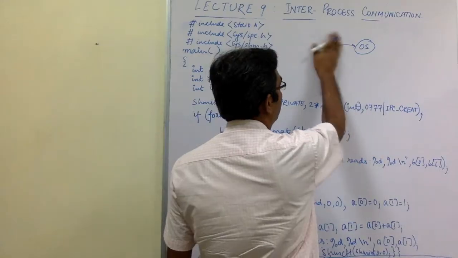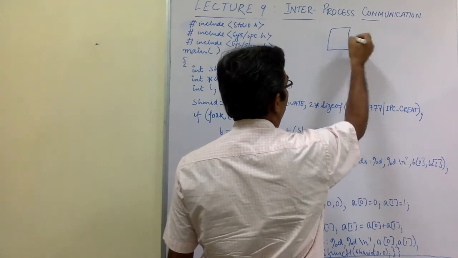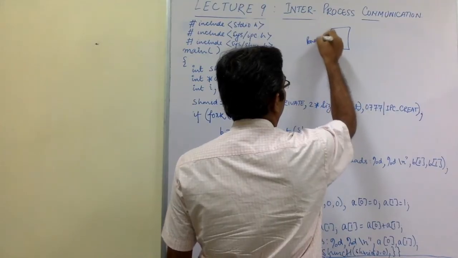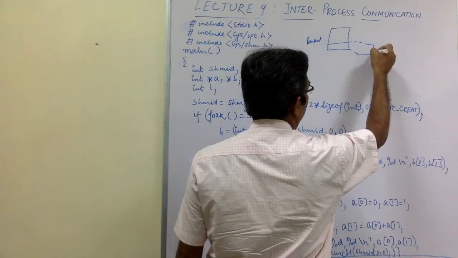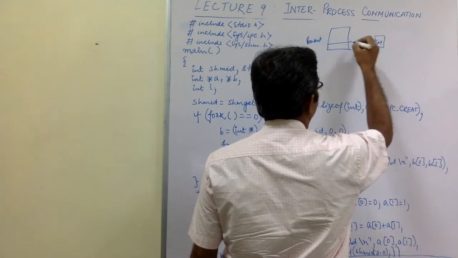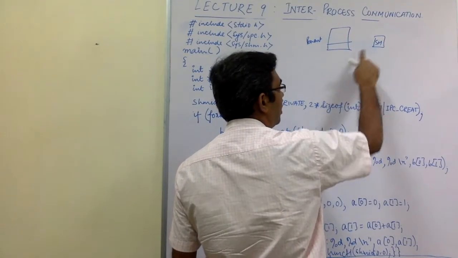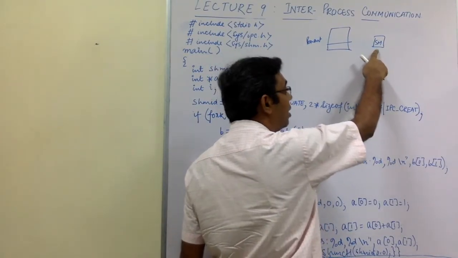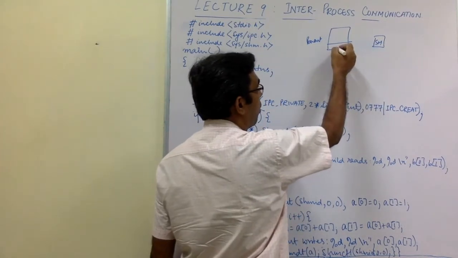Then, once the request has been done, the shared memory would be attached to the parent. The parent process has requested the OS to create, the shared memory has been created but not yet attached, and then the parent forks.